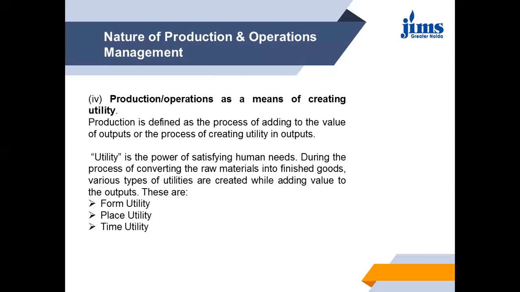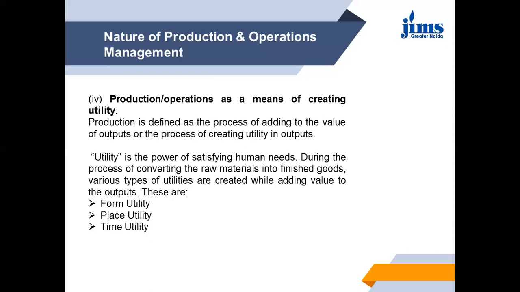Say, for example, there is a time gap between the production and consumption of commodities, and this is but natural. If I want to have sweaters or woolen clothes available in the market, I cannot, as a manufacturer, produce the woolen clothes only in the months of November and December. I will have to manufacture them at least 3, 4, 5 months before.